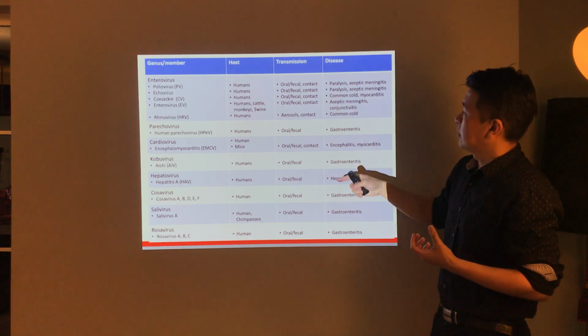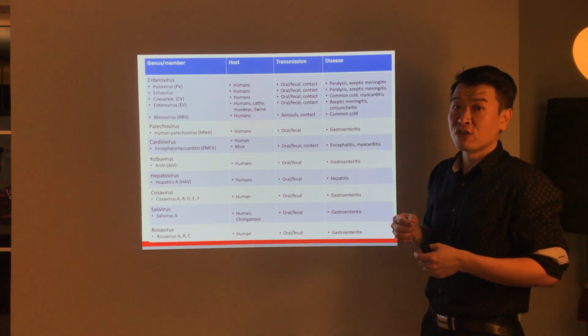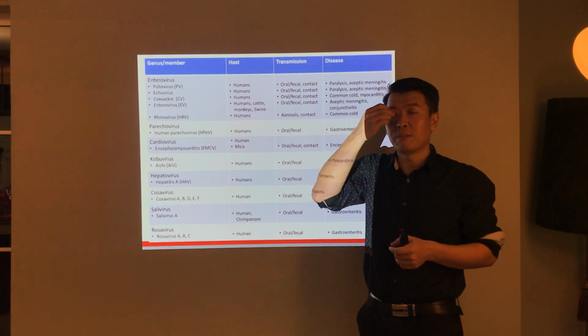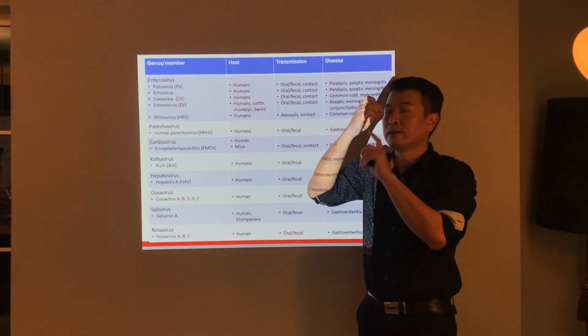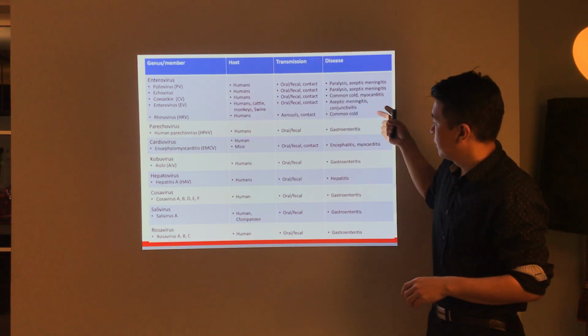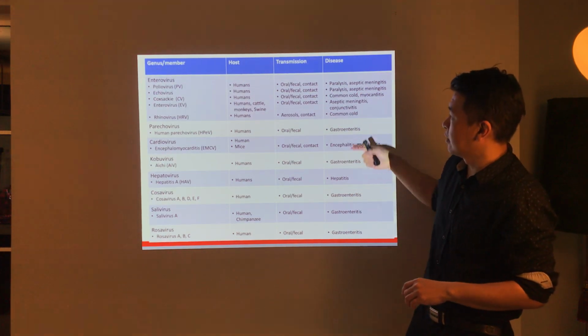Conjunctivitis is inflammation of the conjunctiva. This conjunctiva is actually the layer underneath your eyelid. Alright, this is the membrane underneath your eyelid, and I guess that's it. So you should understand all these terms.